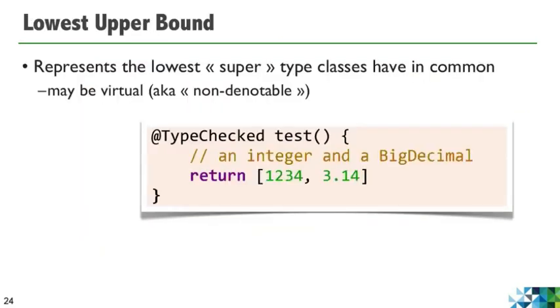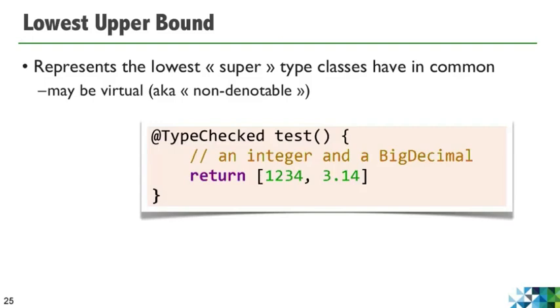Okay, next slide is about what we call the LUB, or lowest upper bound. When we speak about type inference, the static type checker is quite clever in terms of how it represents and how it knows about the types that you are actually using. In this case, our test method is returning a list of numbers. Here we have an integer and a big decimal.